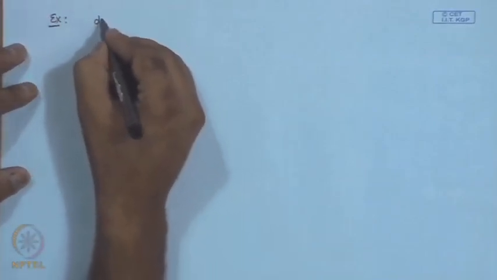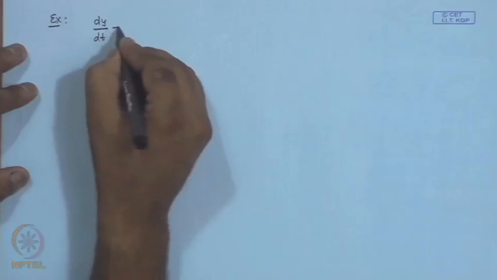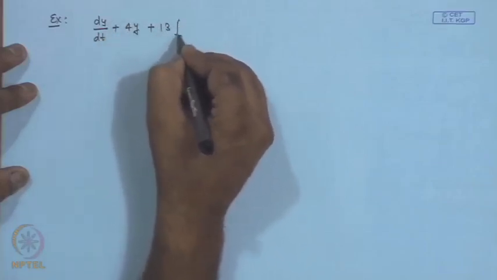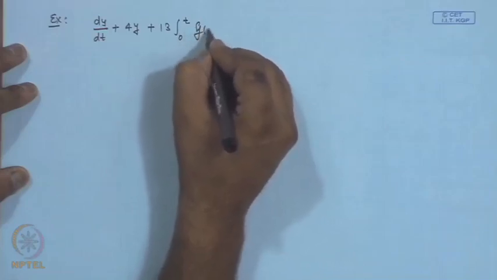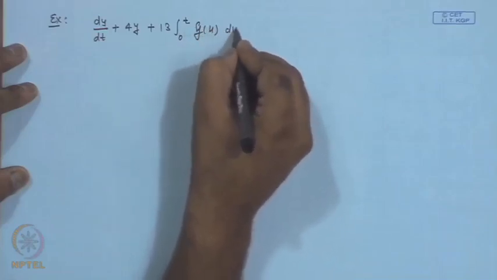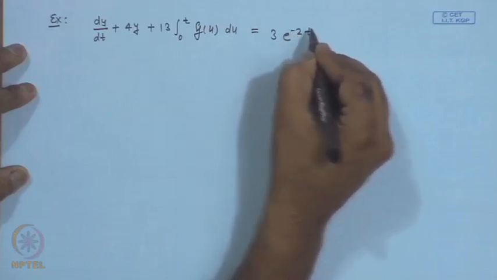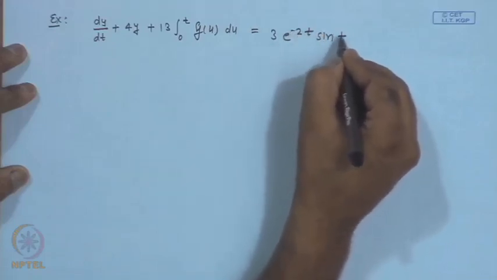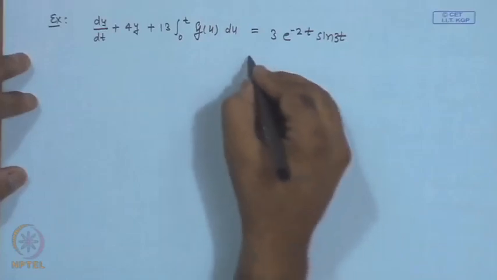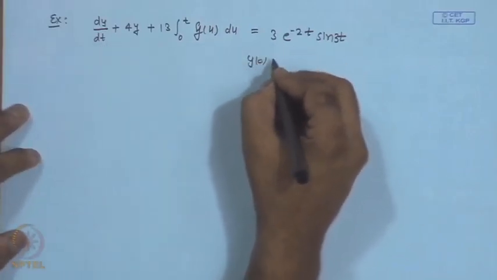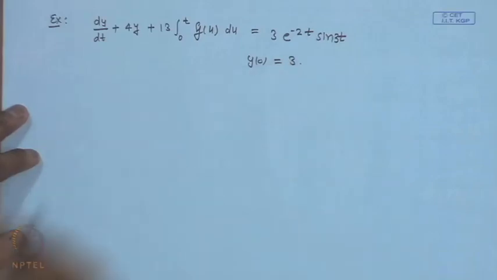We have the integro-differential equation dy/dt plus 4y plus 13 times the integral from 0 to t of y(u) du equals 3e^(-2t) sin 3t. Because the differential term appears, we have to have the initial condition, that is y(0) is given as 3.